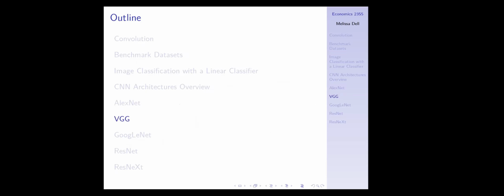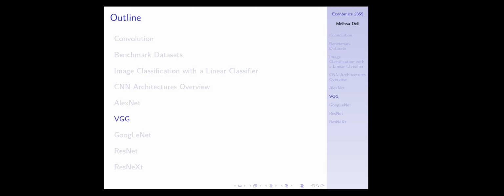Okay, are there any questions about AlexNet? Okay, so AlexNet was the winner in 2012. In 2013, the winner just effectively made some hyperparameter tweaks to AlexNet.